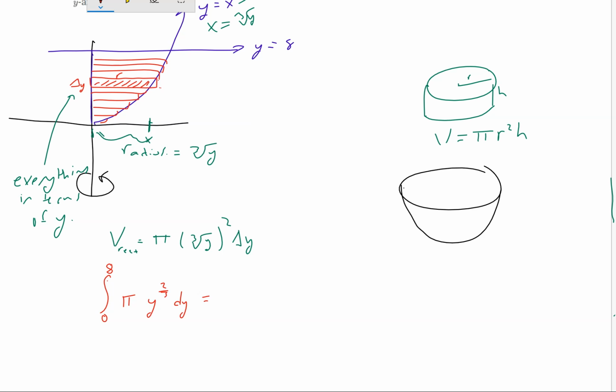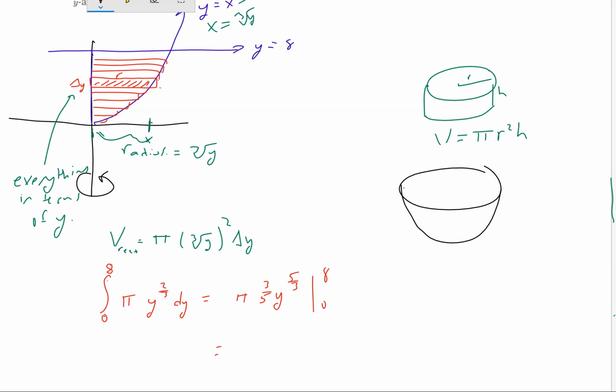Well, then we just need to integrate that, and that's all there is to it. So what do we get here? That's going to be pi times, we add 1 to the exponent, so that's 5/3, and divide by that new exponent. We evaluate that from 0 to 8.